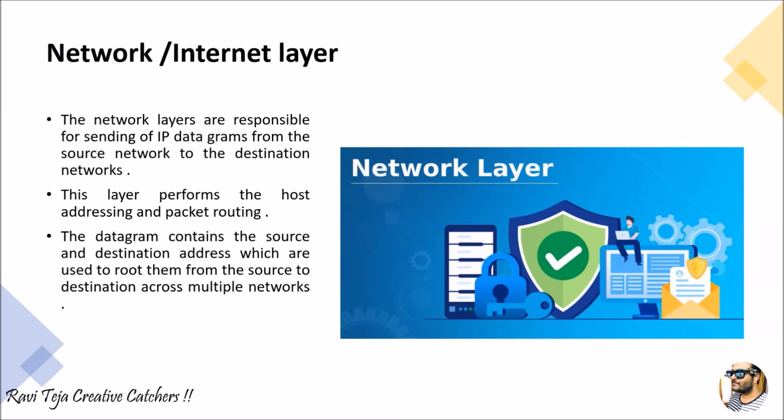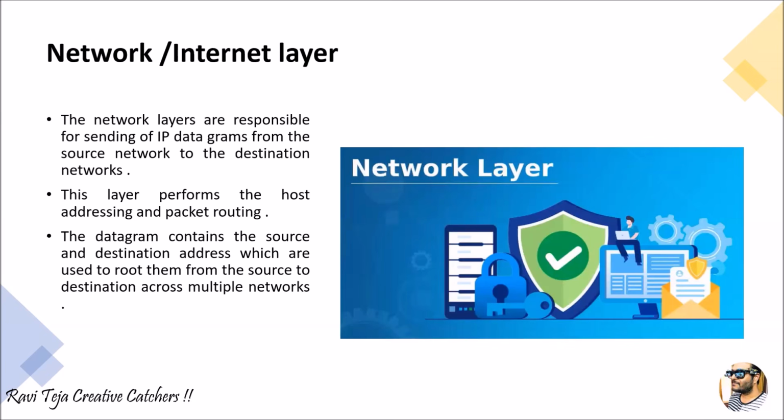Once we transmit data from source to destination using these networks, the IP datagram plays a major role. This layer performs host addressing as well as packet routing, so we can route the data packets wherever they want to go.